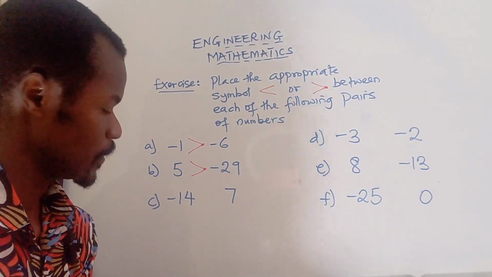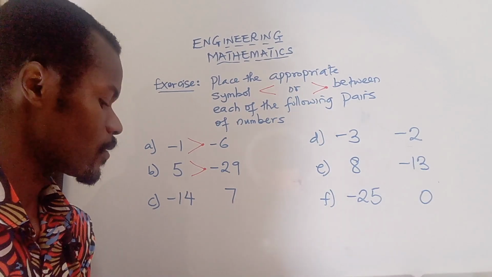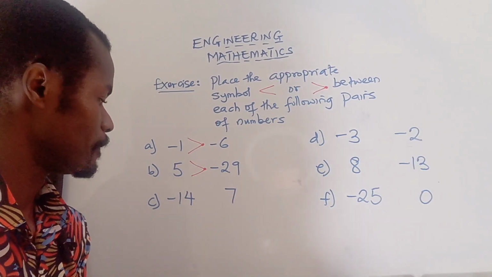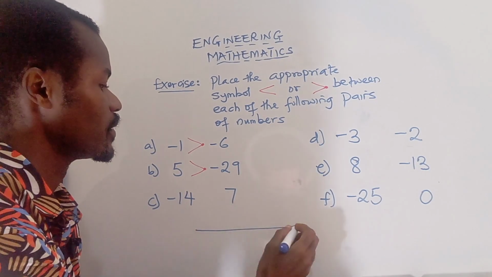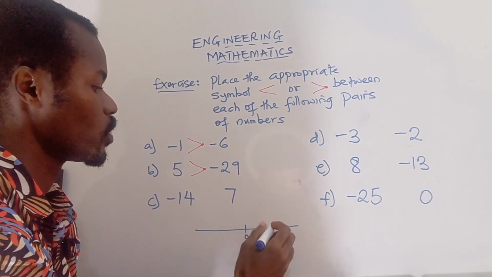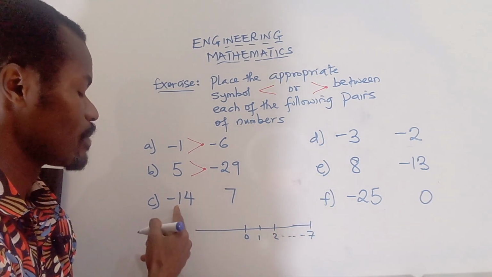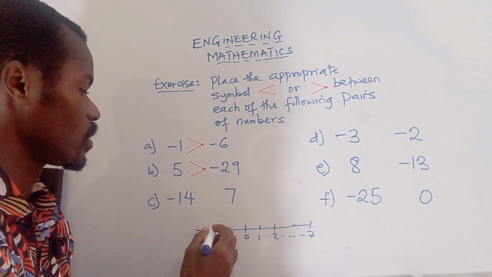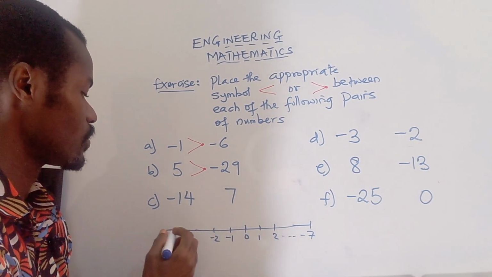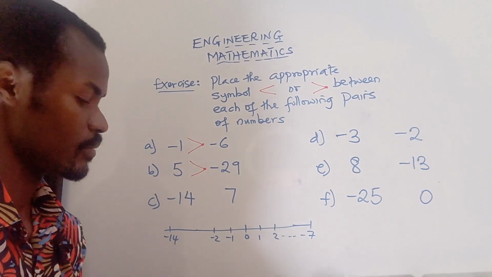So let's try the next one, which is C. I'm going to quickly represent it. My 0 point, this is 1, this is 2, and it goes down to 7. So -14 should be somewhere -1, -2, and it comes all the way down to -14.